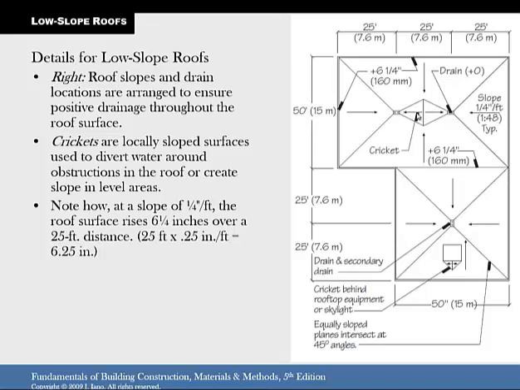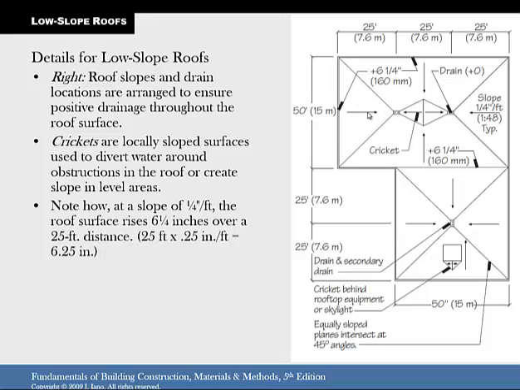So you kind of got to go backwards the 1/4 inch per foot and figure the slope of the cricket. Then, assuming the remaining roof surfaces slope, this is C, at 3/8 inch per foot, label the roof high points. So over here you labeled them at 1/4 inch per foot.